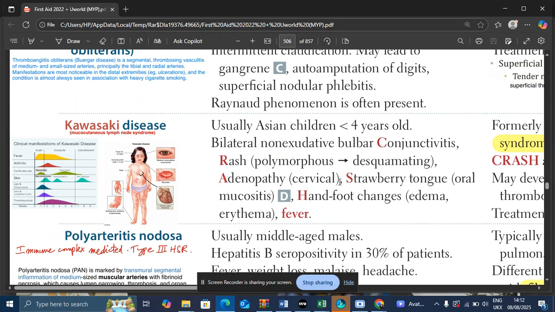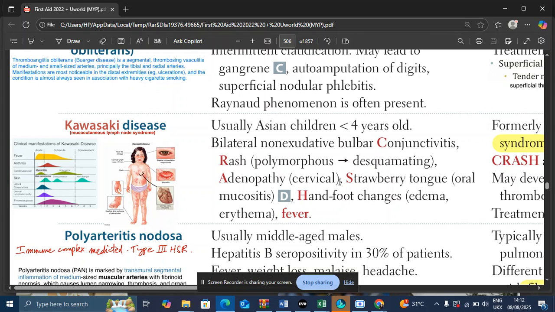Now, how do you diagnose Kawasaki disease? It is not necessary to have all the findings. You should remember that to diagnose Kawasaki disease, the patient should have fever for 5 or more days plus any 4 of the CRASH findings, not all of them.